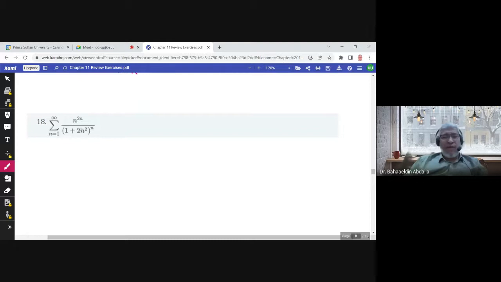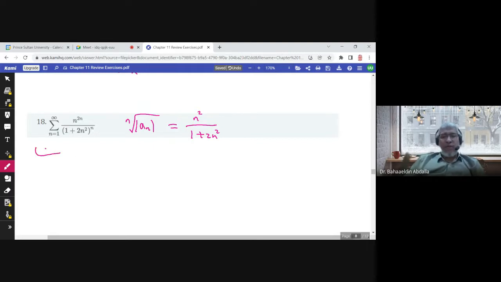Well, here I have n and n, so I will use the root test. Everything is positive here. So the nth root of the absolute value of an would be n square over 1 plus 2n square, if you take the nth root of an.